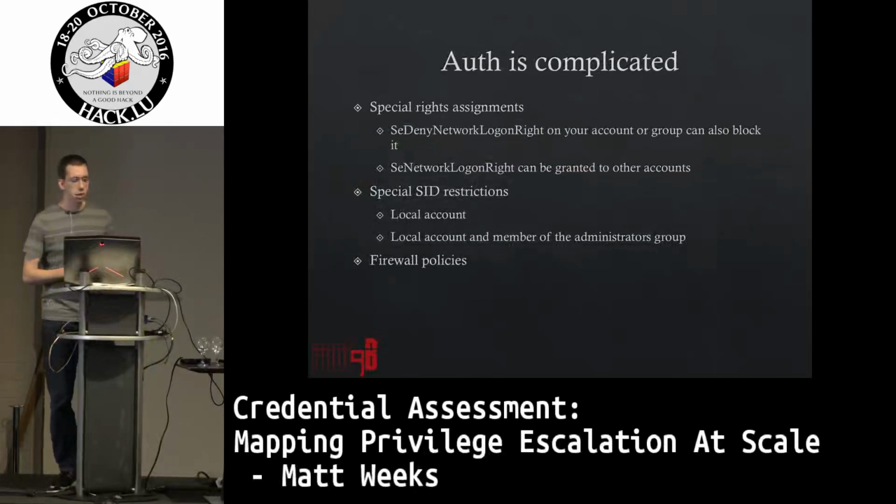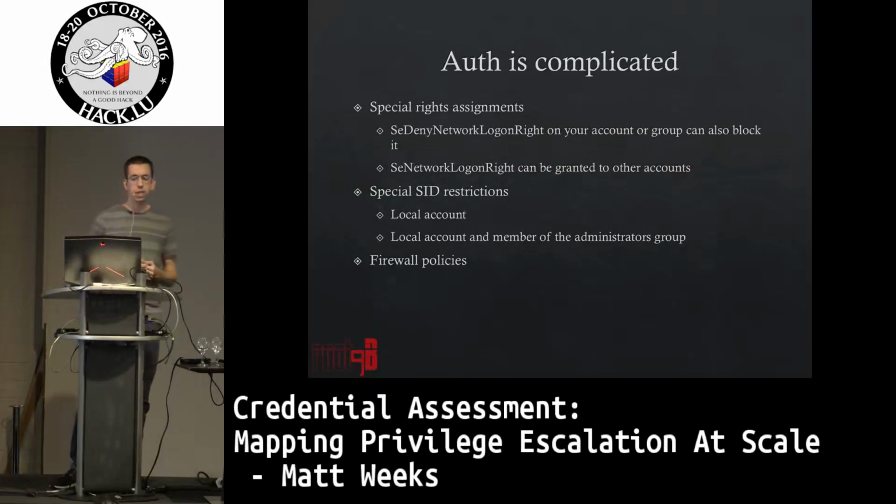So authentication is complicated. You have special rights assignment, such as, again, non-default settings that can be applied. You can use SeDenyNetworkLogonRight to deny access to certain groups from the network, or SeNetworkLogonRight to grant access to certain groups from the network. You have special SID restrictions.